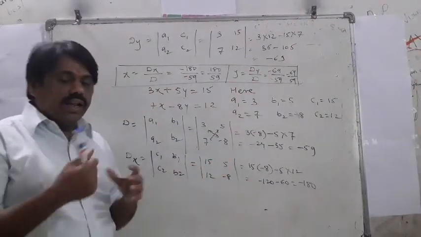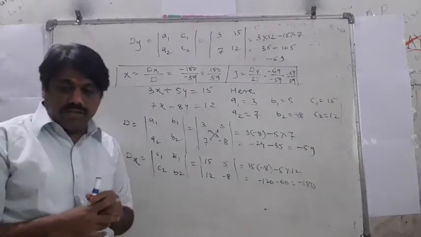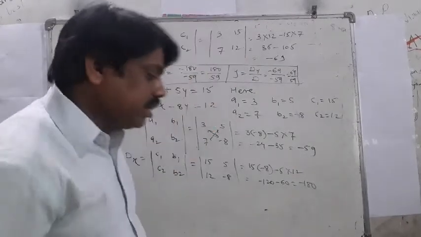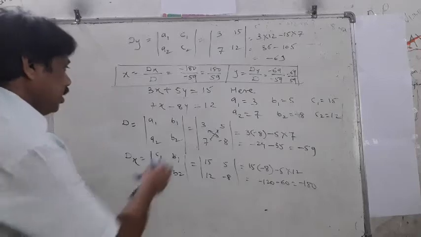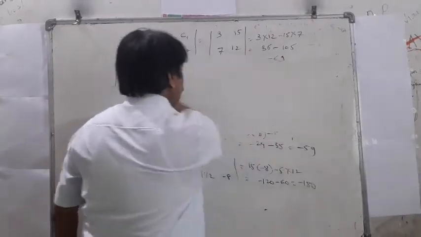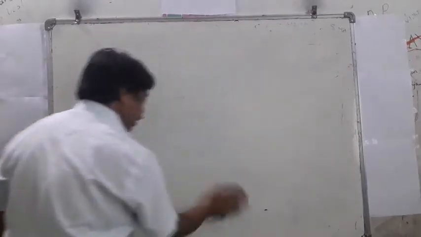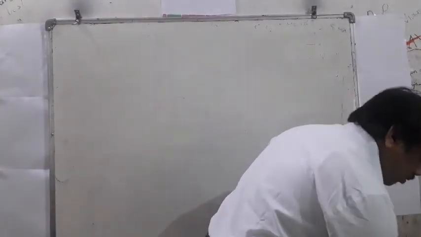We can take another example also so that you can solve all these questions. I am going to take another example for solving this. Just 1 second. Now you can write this example and try to understand how it is solved.